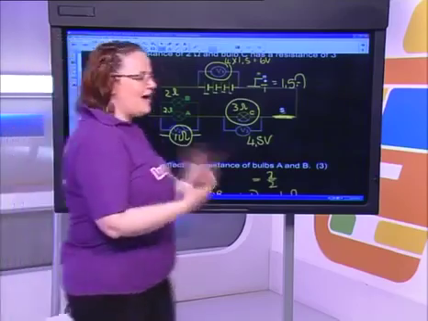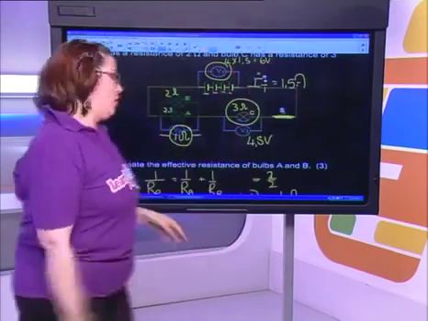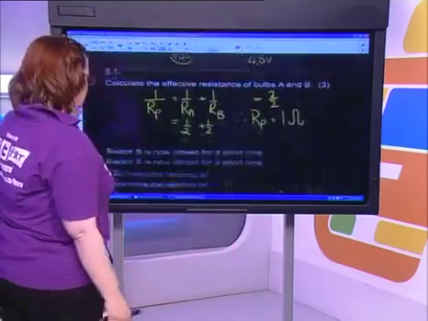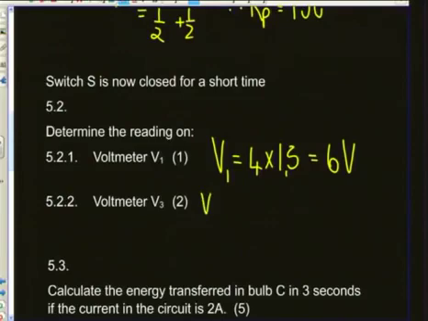I'm writing in the information that I've worked out along the way because I may or may not need it. It's really important that you do this, grade 10, and you get into the habit of writing these things down, because particularly with electricity questions, they become quite complicated and you have lots of extra things added in, and then you lose track of what information you know and you get yourself lost. So be careful. All right, so we said V3 is 4.5 volts.